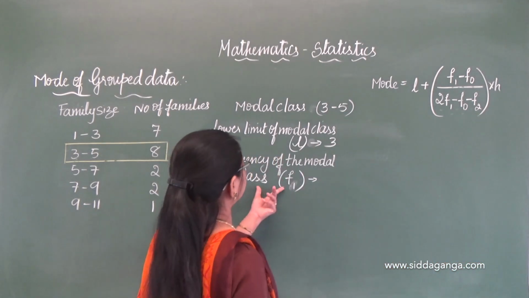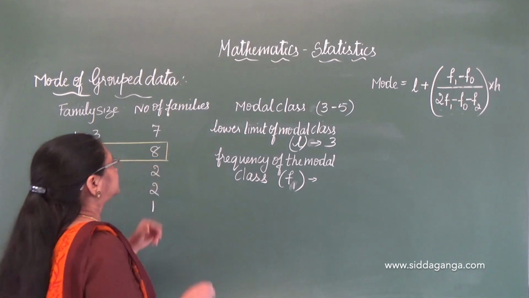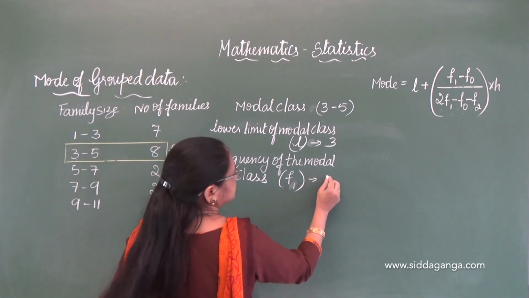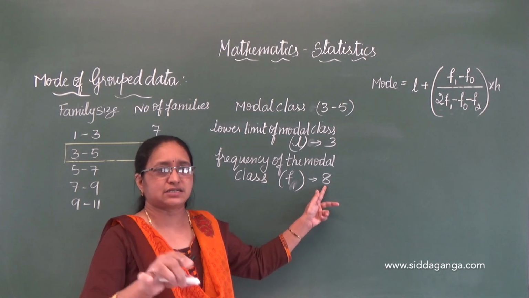Let us see what is the frequency of the modal class. See, this is the modal class, then what is the frequency? This is F1. Okay, so what is the answer? 8. 8 is the frequency of the modal class.